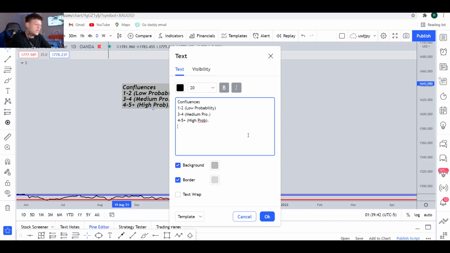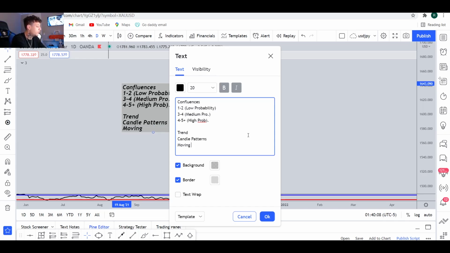So now what are confluences exactly? Like I said before, confluences are more signals, right? So confluences could be the trend. Confluences could be an engulfing candlestick and the type of engulfing candlestick, right? So we could put here candle patterns. What else?